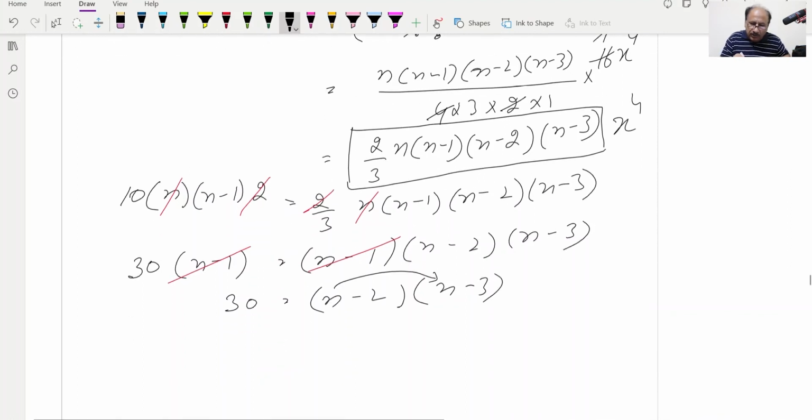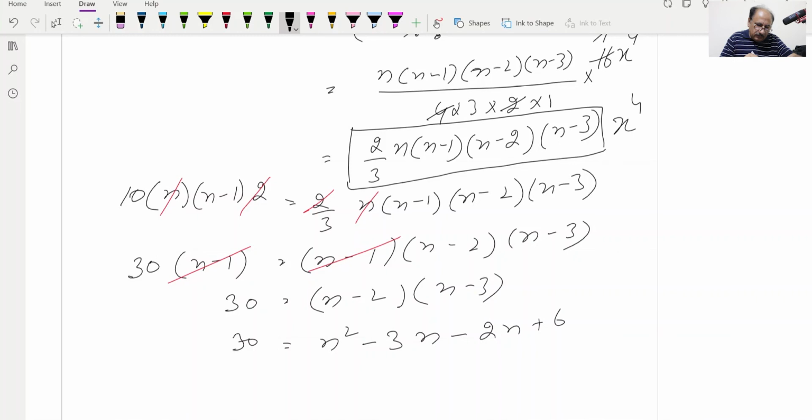So n multiplied by n will be n squared, and n multiplied by minus 3 will be minus 3n, and minus 2 into n will be minus 2n, and minus 2 multiplied by minus 3 will be plus 6, and this is equal to 30.